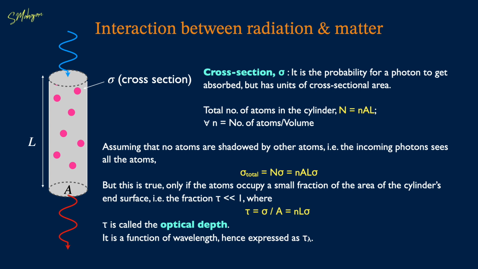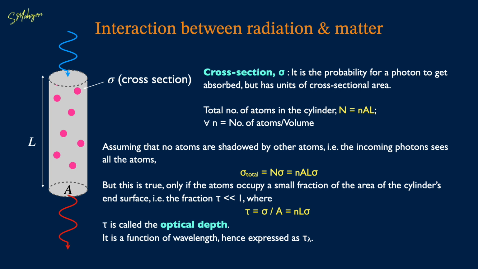In other words, this ratio of sigma divided by A is given as the quantity nL sigma, or tau. The letter tau here is called the optical depth. And so the condition that sigma total is much smaller than the area of the face of the cylinder, capital A, translates to tau much smaller than 1. For example, if tau is equal to 0.01, it means that 1% of the incoming radiation is absorbed.